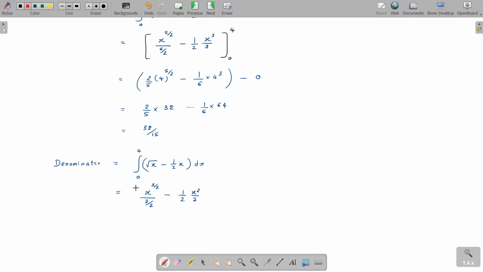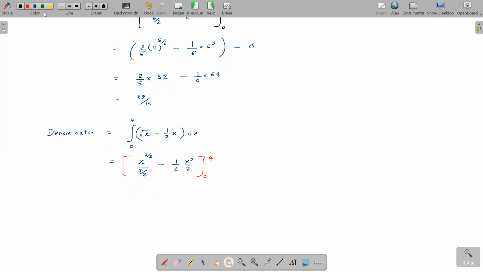Input the limits, from 0 to 4. So this is 2 over 3 into 4 to the power 3 over 2, minus half into 1 over 2 is 1 over 4, 4 square. Minus the x equals 0 term. So we get the answer for this as well. It's 4 over 3.